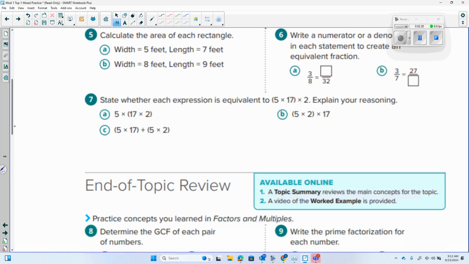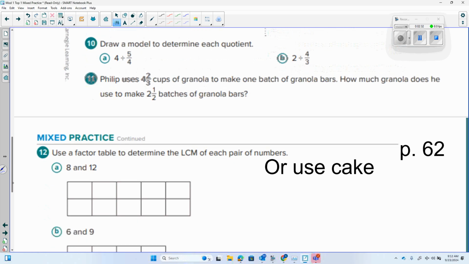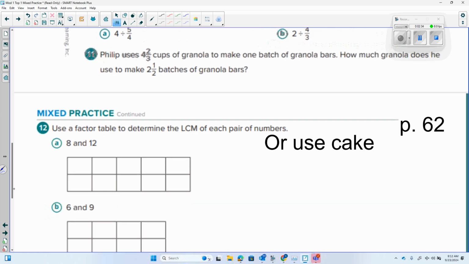Okay. We have two directions I want you guys to change before we get started. The directions are for part on the back side. Go to page 62. For number 12, this is how they had set it up in the lessons with the whole product table or factor tables. You can do that with that all set up for you, or you can just use the page to make it easy for you. Okay?